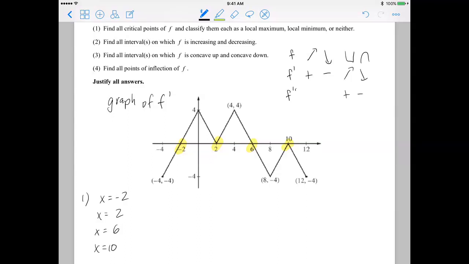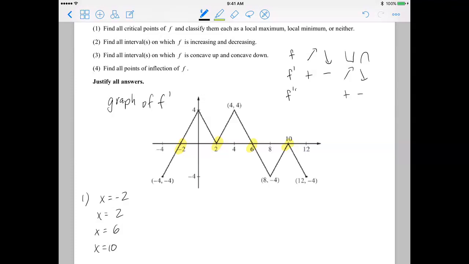Okay, well at x equals -2, what you should hopefully notice is that the derivative graph is changing from negative to positive. And so if I look back up at my chart, if f prime changes from negative to positive, that means that the original function changes from decreasing to increasing, which is going to create a minimum.